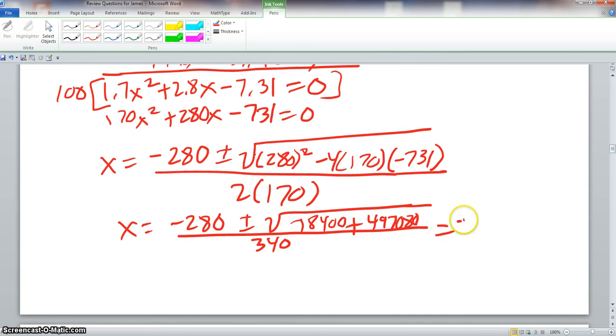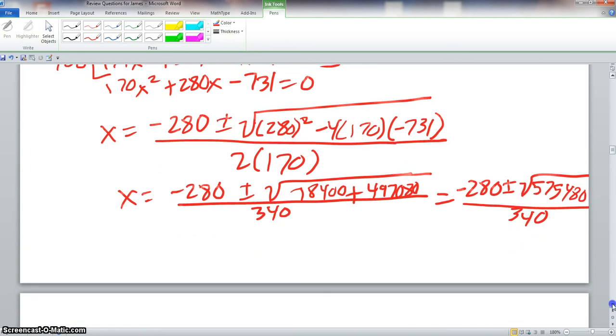Now we're going to combine what's under the radical. So we will have 78,400 plus the 497,080. And that would give us 575,480. And that's all divided by 340.